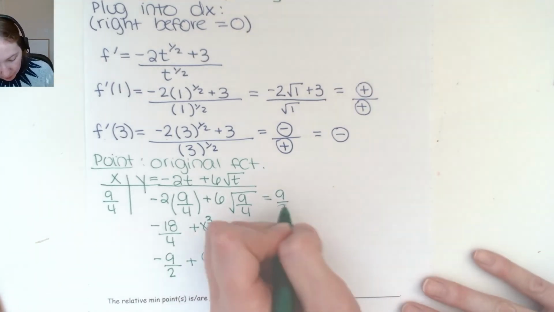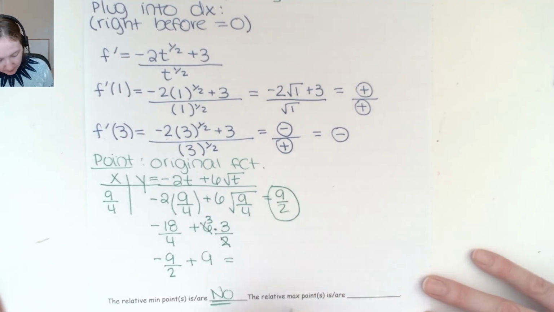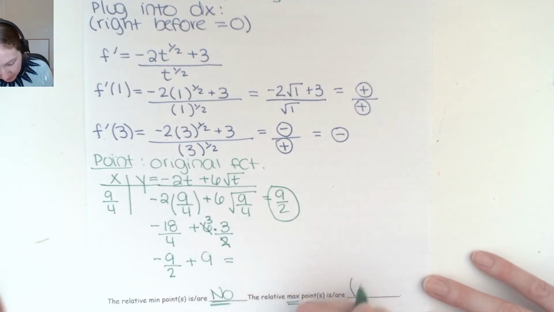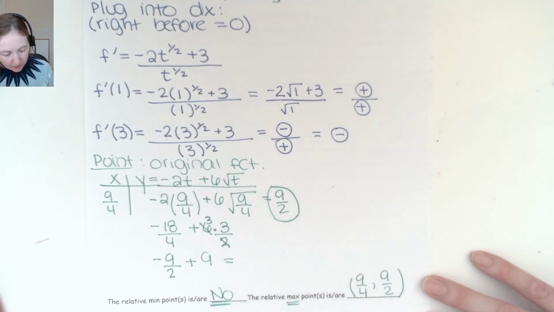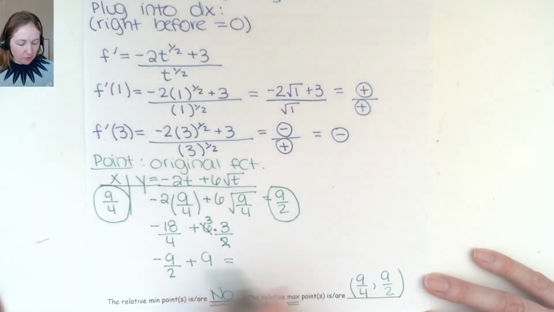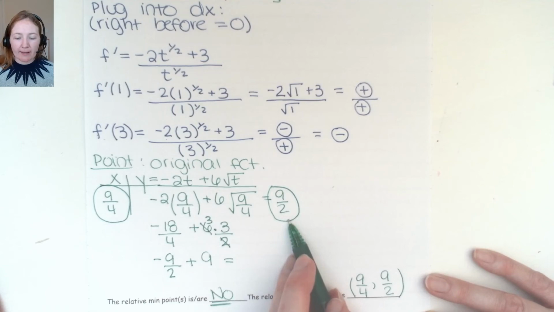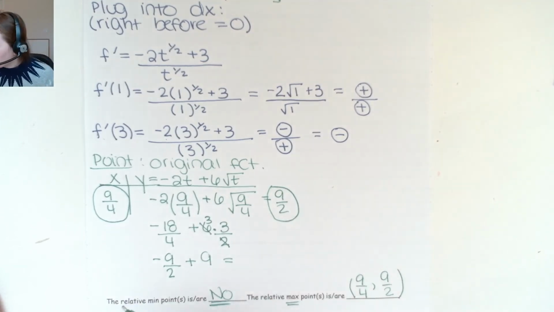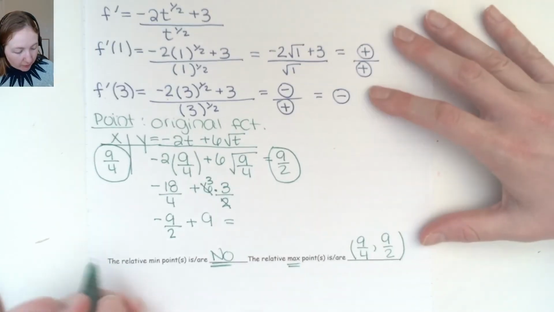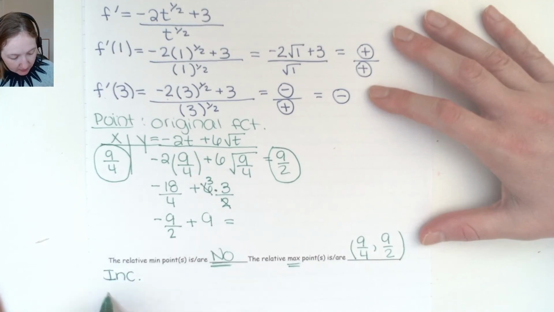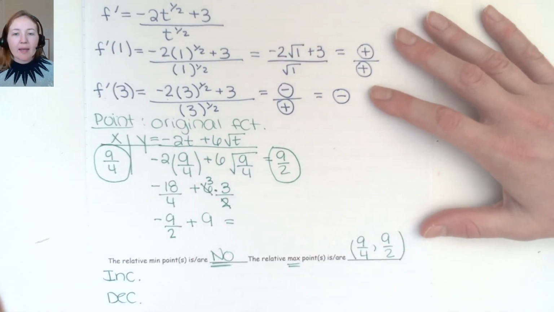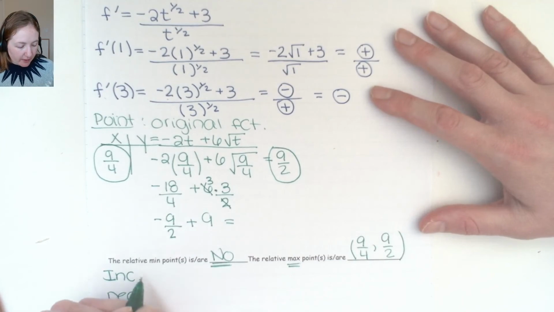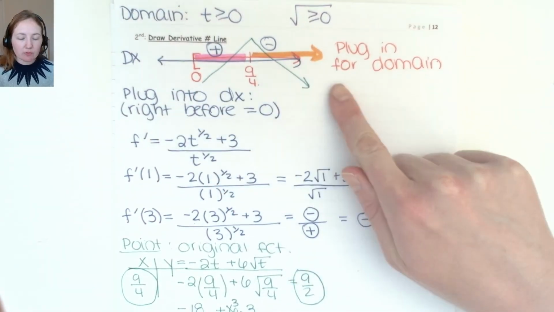Okay, so the max point will be 9/4, comma 9/2. So again, the x coordinate was 9/4, the y coordinate was 9/2. I do also want to mention they are going to ask for where it is increasing and where it is decreasing. And there you want to be really careful about the fact that your domain was only 0 to infinity.